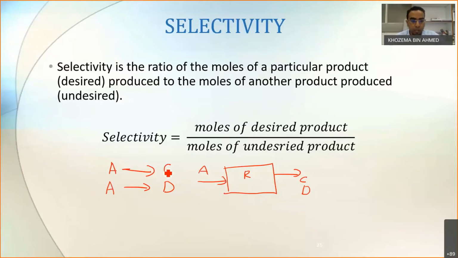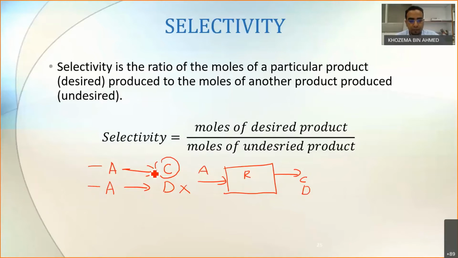But what I want is C. I don't want D. If possible, I want to convert all of my A into C. This is what we call the desired reaction, and this is the undesired reaction or a side reaction.